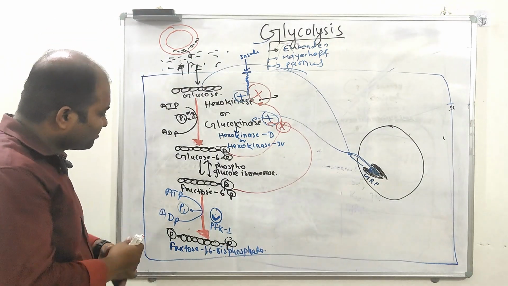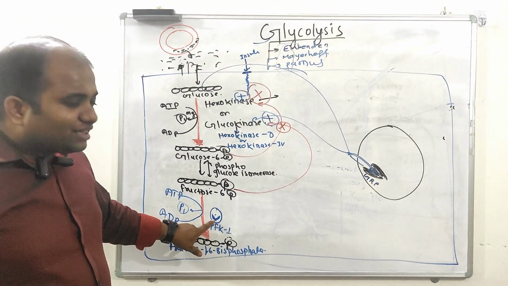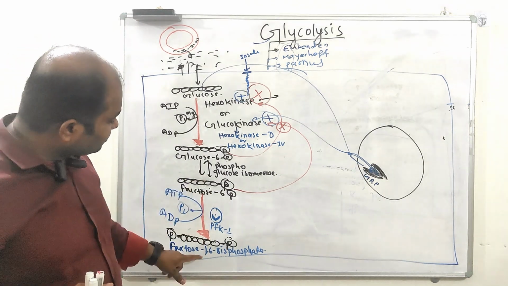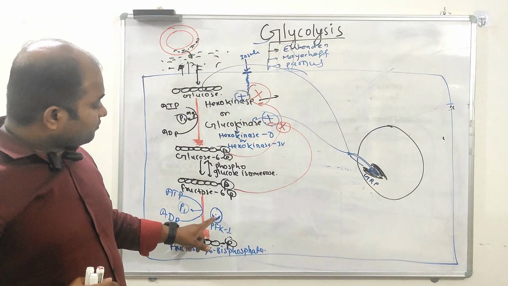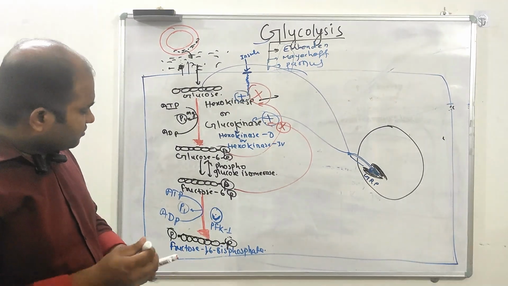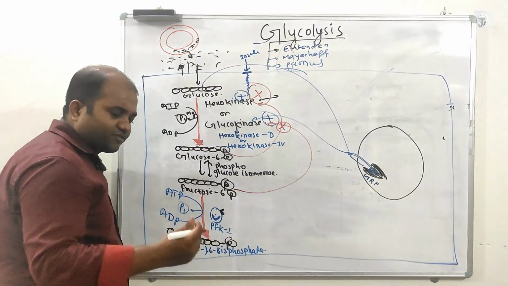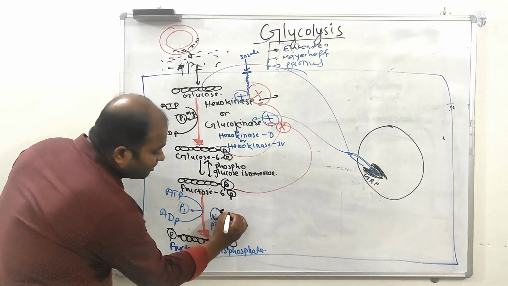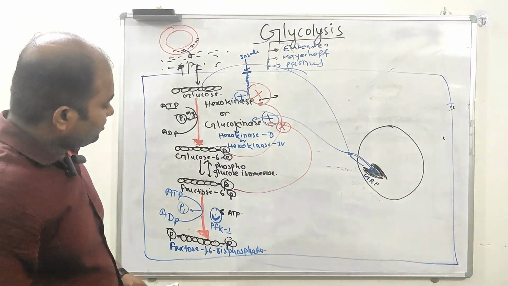So let's discuss a few more things about this enzyme. First, when should this enzyme run, to convert this? First is activation: there is some pocket in the enzyme which senses the level of ATP inside the cell.